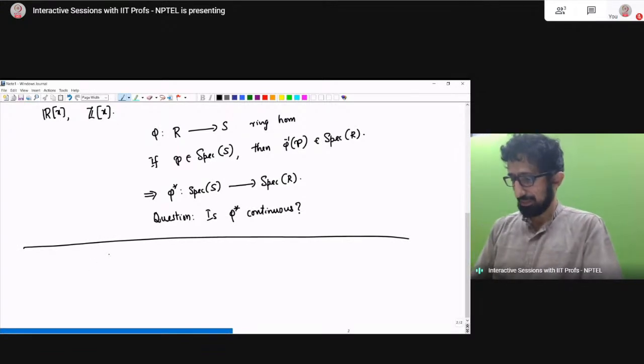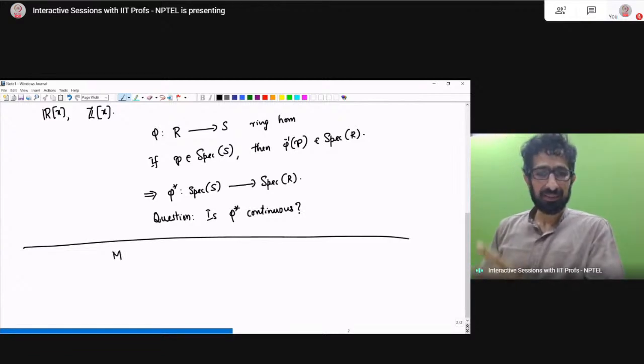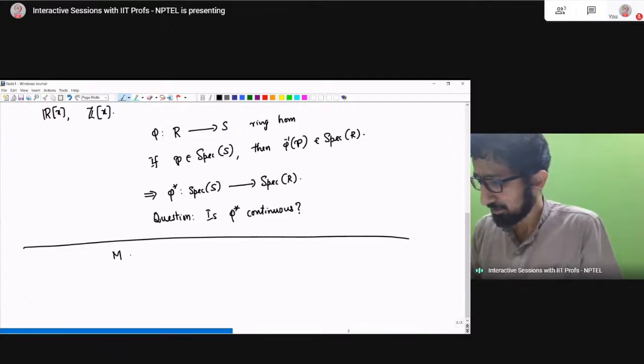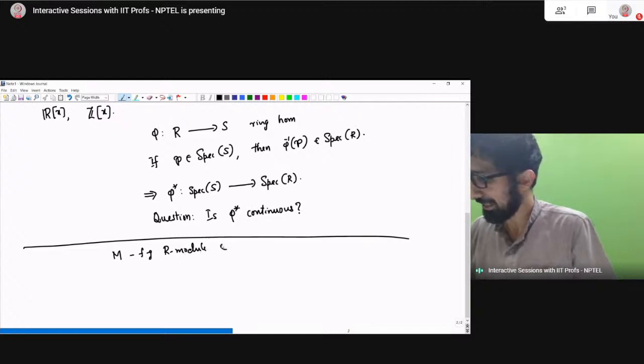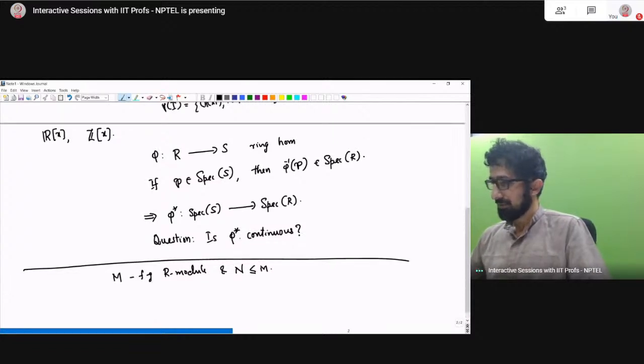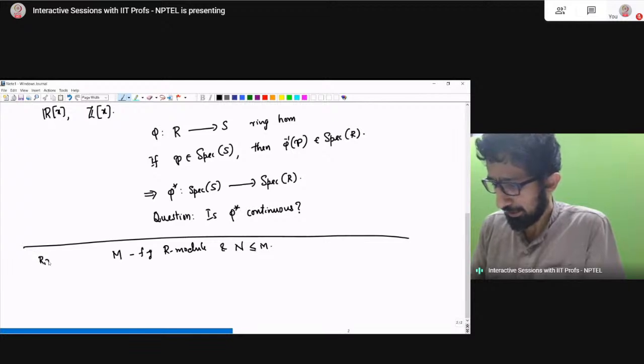So, what does Nakayama lemma say? Suppose I have a module, R module M. R is a commutative ring with identity, M is a finitely generated R module, and N is a submodule of M. So R is local, (R, m) local.